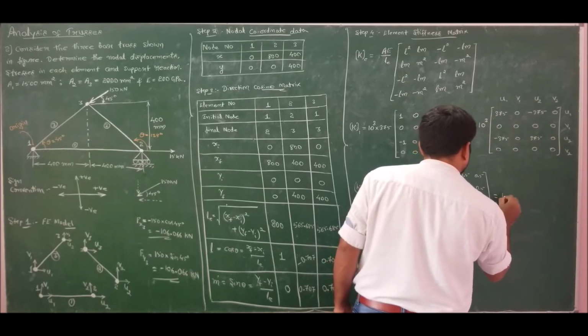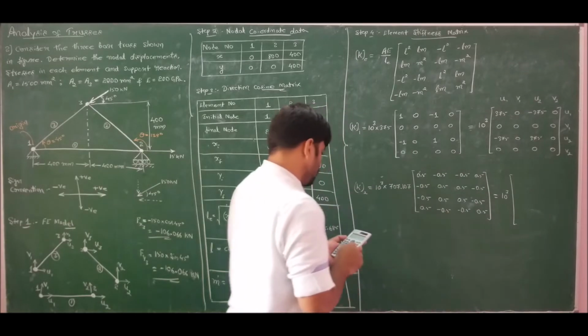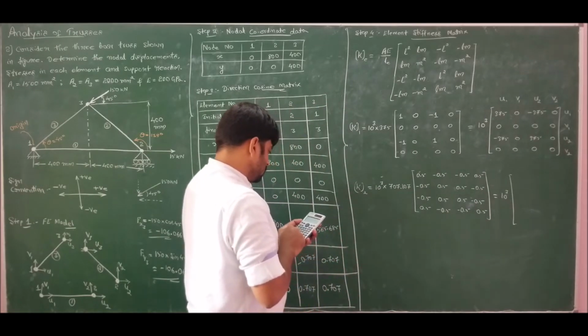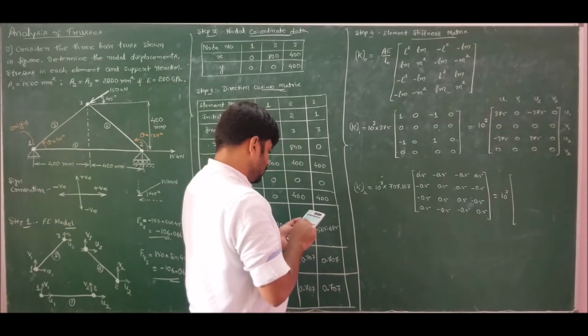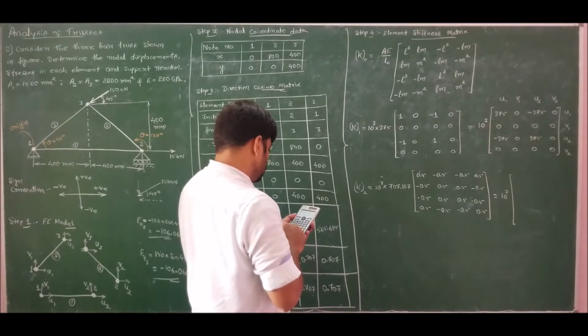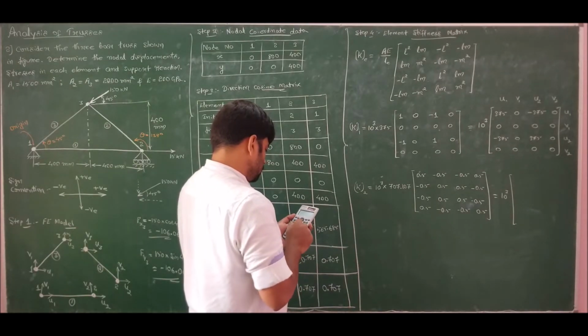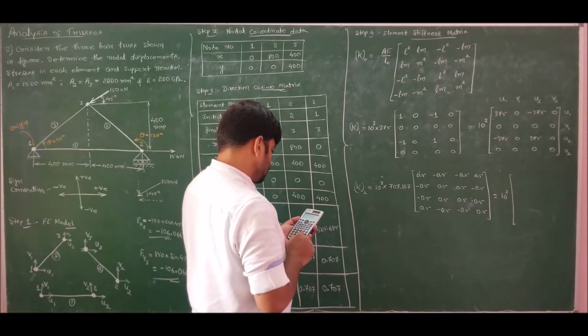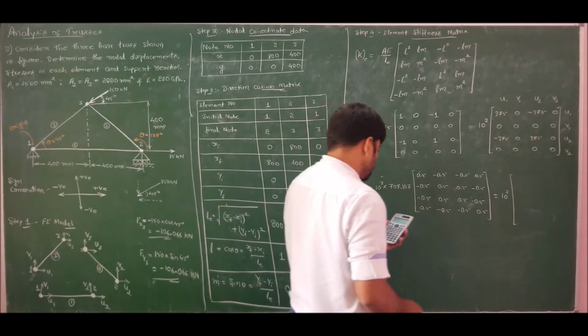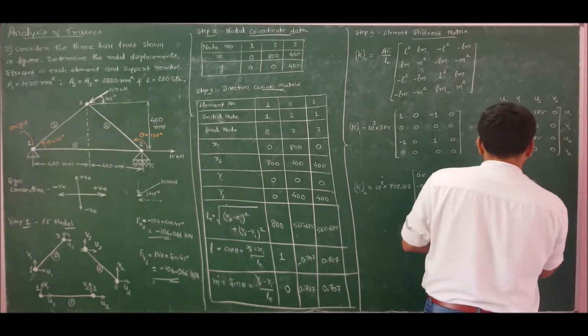If I take 10 to the power of 3 common, I am left with 707.107, which is 2000 into 200 divided by 565.685, multiplied by 0.5, which is nothing but 353.55.